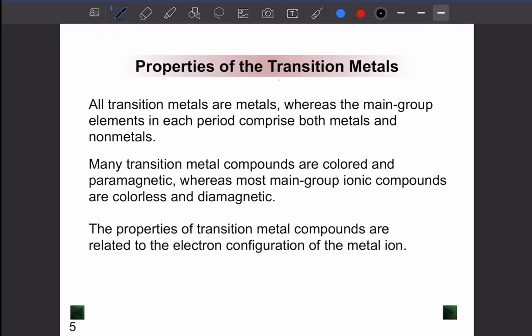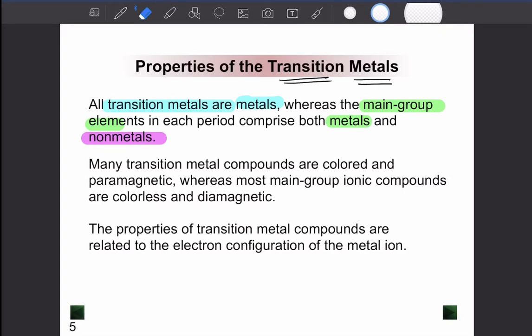What are the common properties of transition metals? The first property, as we said, is that all transition metals are metals, whereas main group elements can be metals and non-metals.